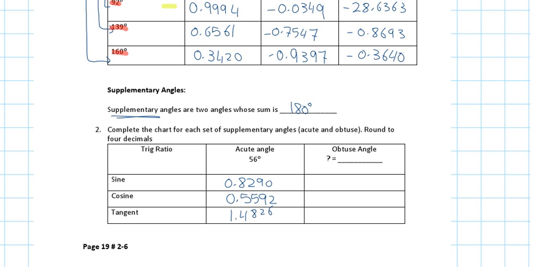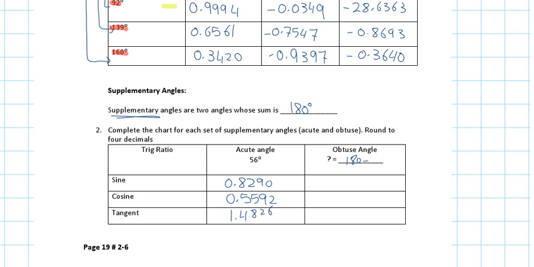Now what's the obtuse supplementary angle for 56? How do you find the obtuse supplementary angle? Okay, so if I do 180 minus 56, what do I get? 124. Okay, so this is my supplementary obtuse angle.